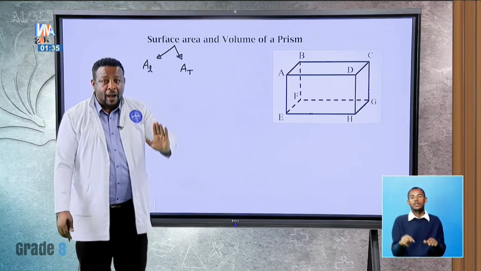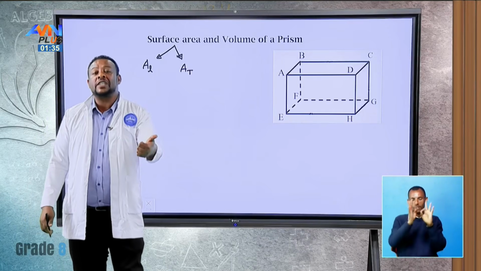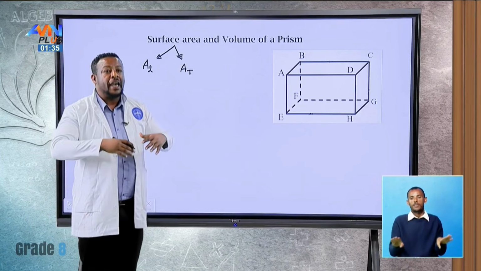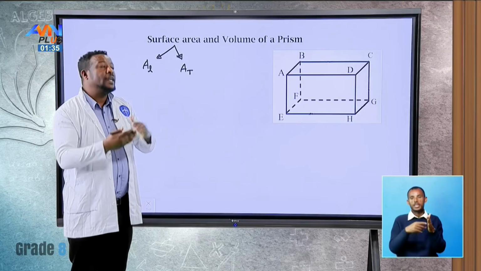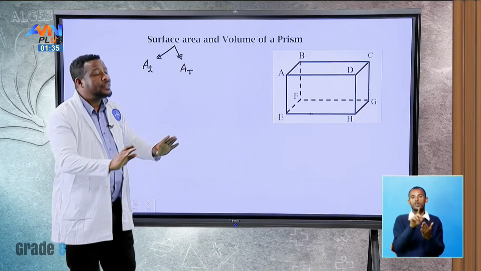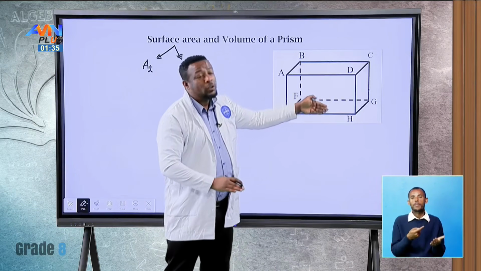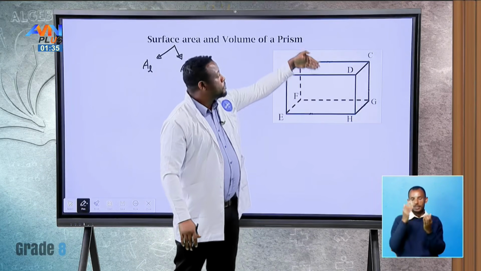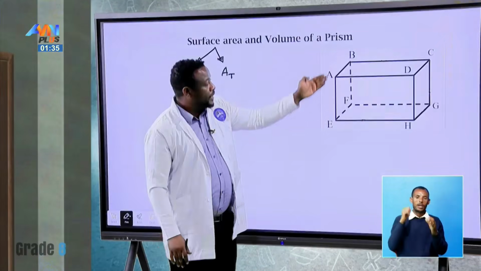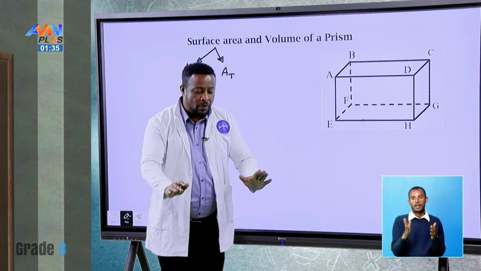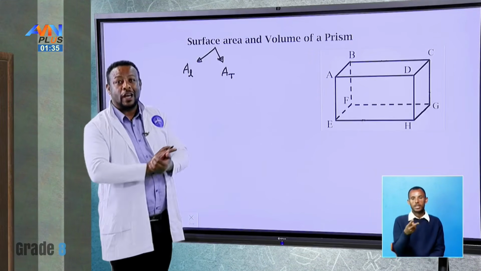By definition, the lateral surface area is the area of each face. That means you need to calculate the area of the front part, the side part, the back rectangle, and the other side part. Now let's see what the formula looks like.